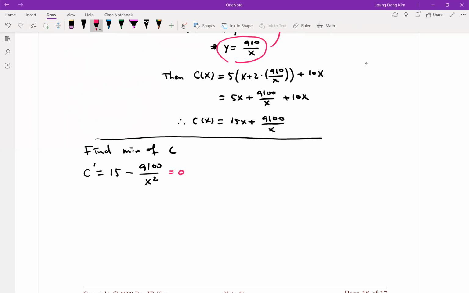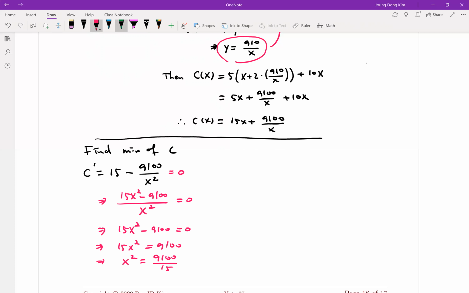Let me solve this. Let me use the common denominator, x squared. Whenever your fraction equals 0, that means your numerator is equal to 0; there's no way to make the equation equal to 0 with the denominator. So 15x squared equals 9,100. Then x squared is 9,100 over 15.